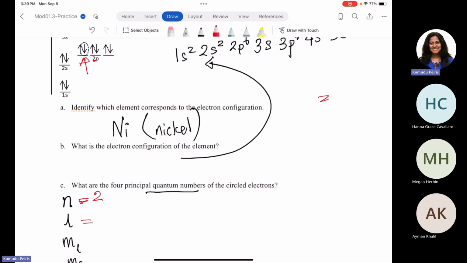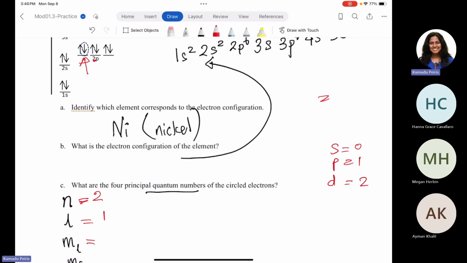In energy level number 2, we have s orbitals and p orbitals. Now you need to give which orbital that is. You will see the p orbital. When I give the numbers for L, s has 0, p has 1, d has 2, like that. So this is in the p orbital, so L will be equal to 1.